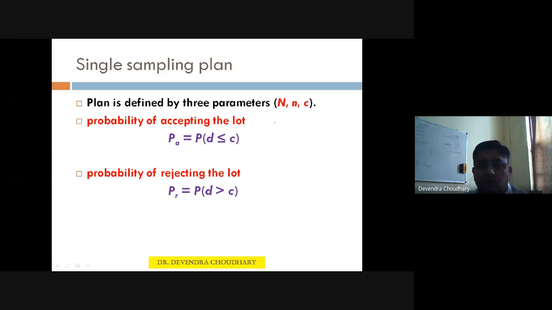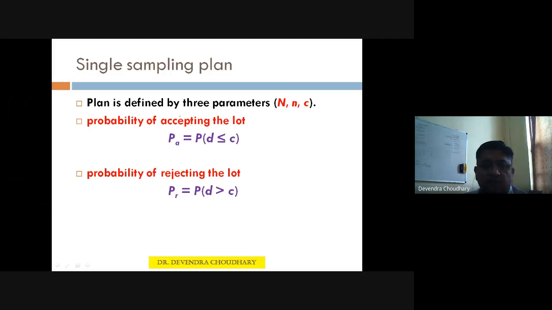So, as far as the values of N and C are concerned, both supplier and customer have contradictory preferences, and so one needs to strike a trade-off considering the views of both.